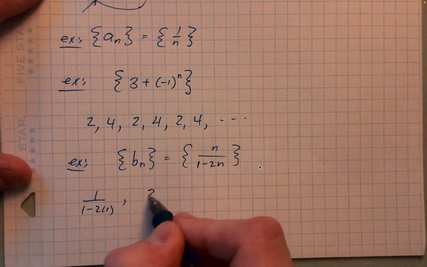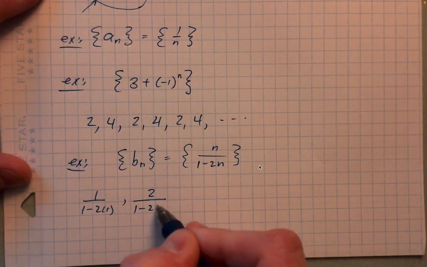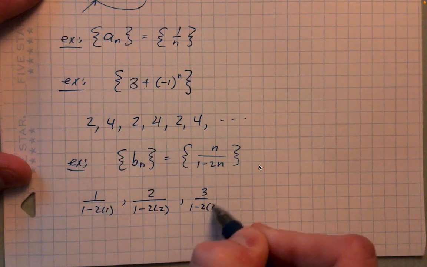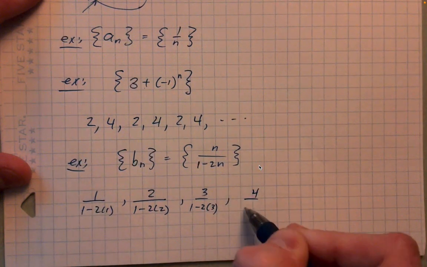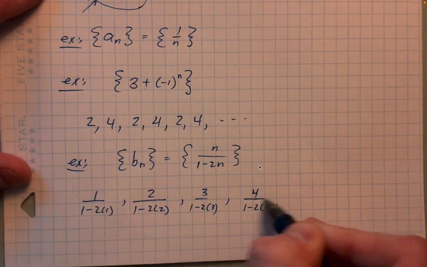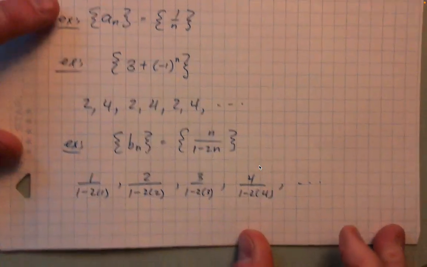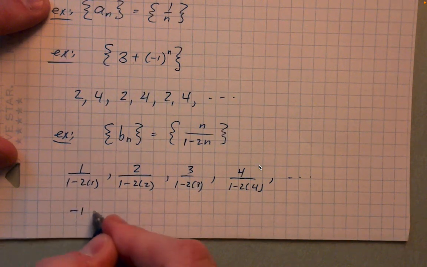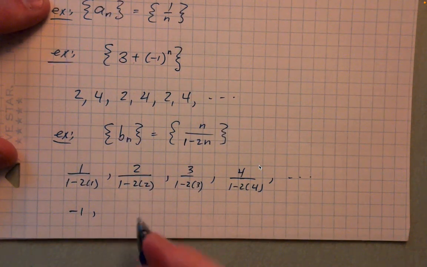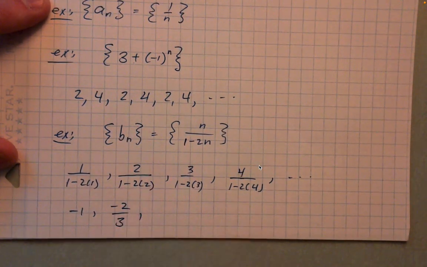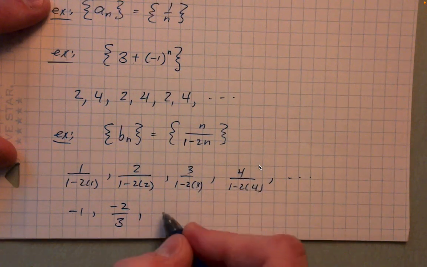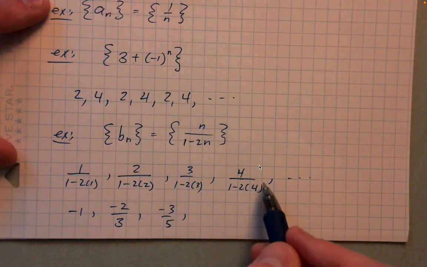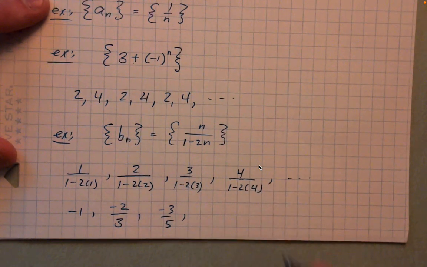When n is 2, it's 2 over 1 minus 2 times 2. Then 3 over 1 minus 2 times 3, 4 over 1 minus 2 times 4, etc. And what do these amount to? The first one is negative 1. The second one is negative 2/3. Then it's negative 3/5. And then this one here is negative 4/7.